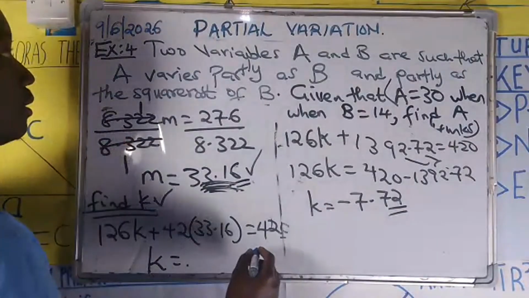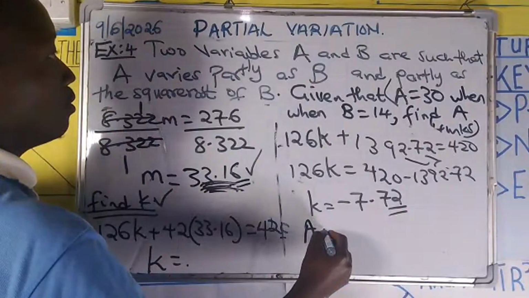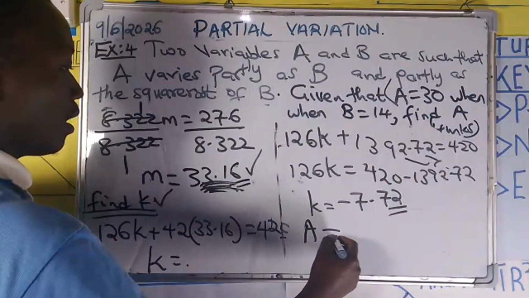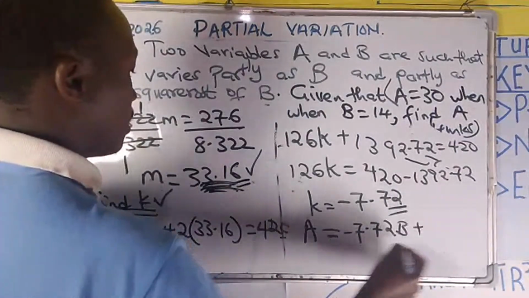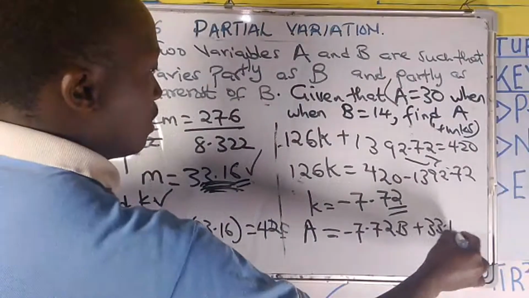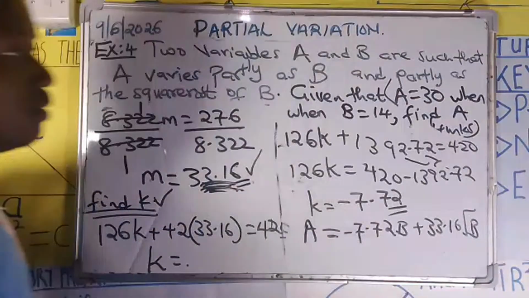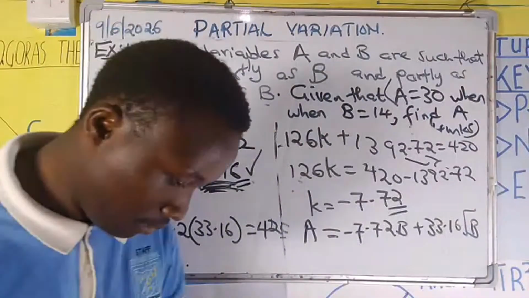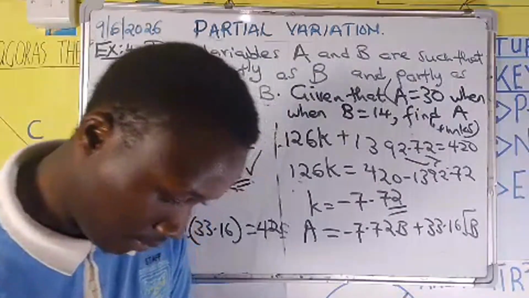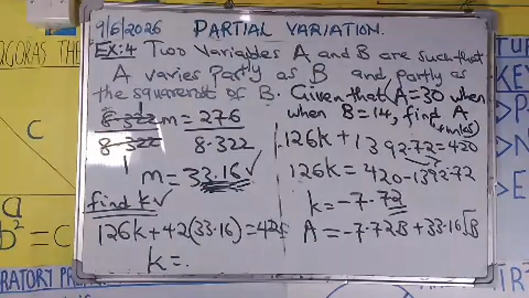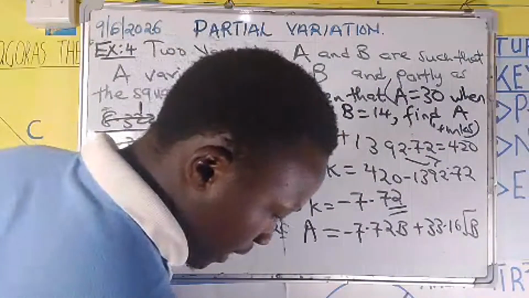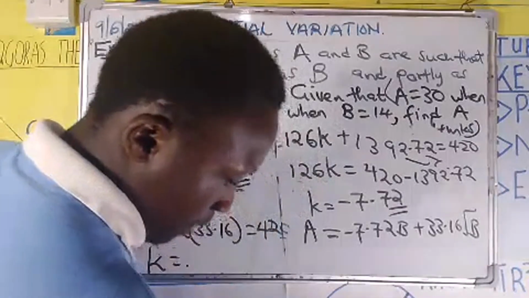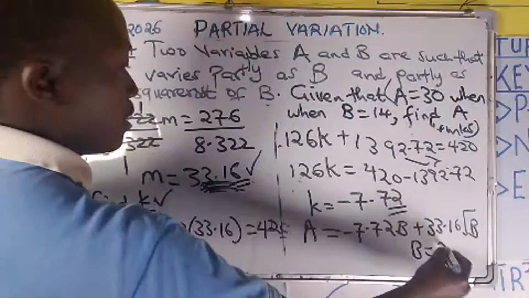So our equation will be A is equals to KB, negative 7.72B plus M, 33.16 square root of B. And tumeambiwa find A when B is 36. Find A when B is 36.